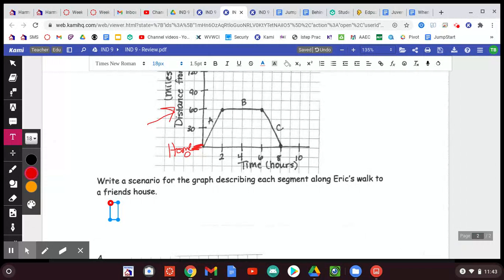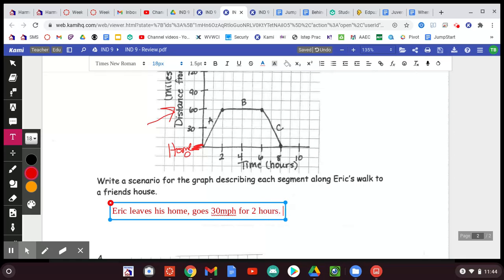What happens here? Eric does what? Where does he leave? Okay. He leaves his home. What's he do in segment A? He goes 30 miles per hour for how long? 2 hours. Okay, now what? Okay, but we're writing a scenario here. Where's he at section B? Yeah, but where was he going?